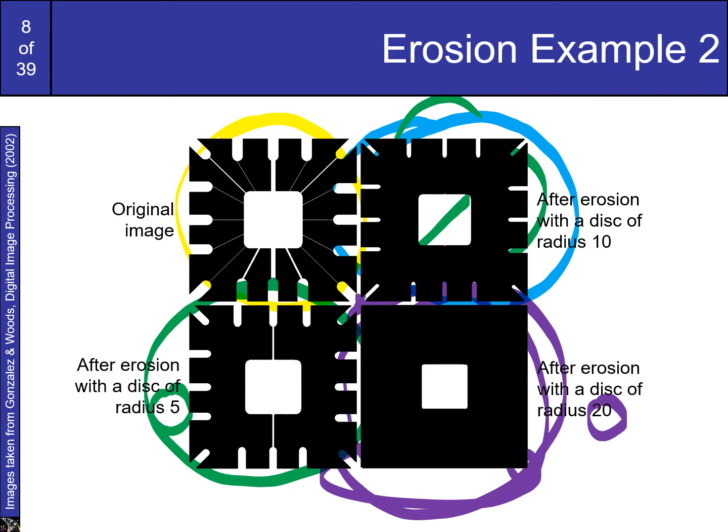We now have only white pixels in the middle, but the size is very much less compared to radius 5 and 10 of this structuring element, which you have seen on the top right here and bottom left here. So these are the effects of erosion when using a structuring element of this shape with different radius sizes.